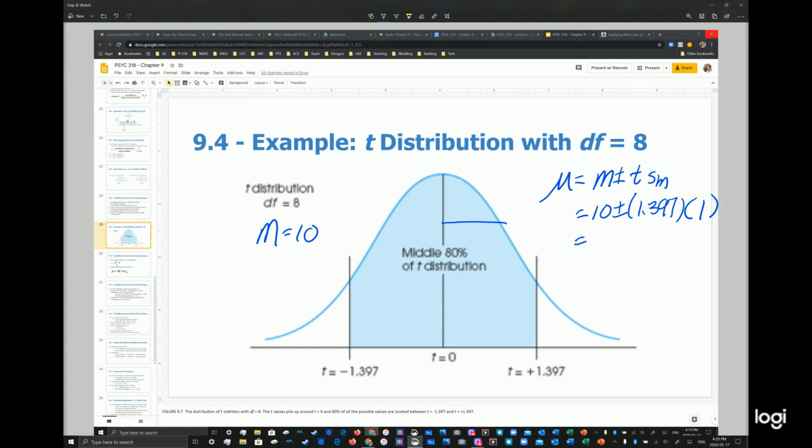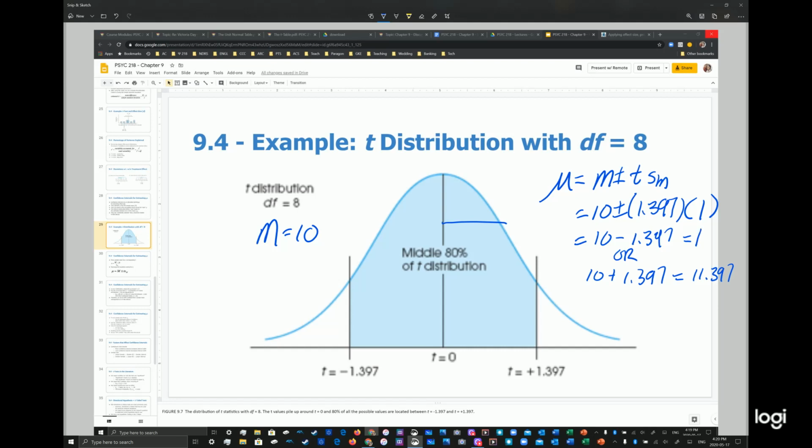So then you would have an interval of either 10 minus 1.397 or 10 plus 1.397. So the upper value is quite easy.